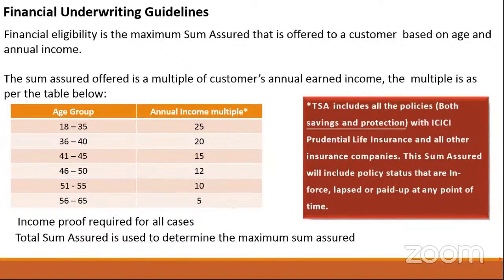The programming is done so that the codes referred on that codes page are based on these income multipliers only. So you need not necessarily remember all the income multipliers, but you should have a broad idea of what income multiplier will be applicable. And it is more or less the same for most of the companies.